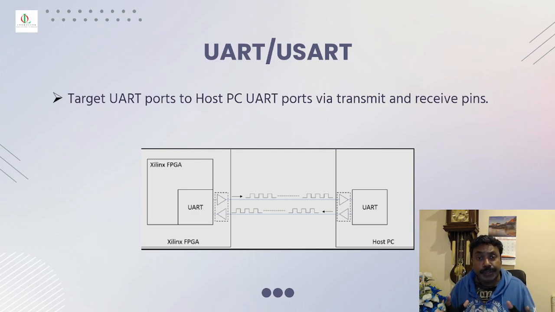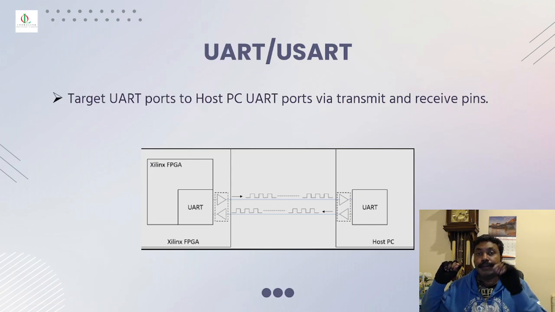In order to transfer the data, for example, in this example it's shown communicating from my FPGA board to a host PC, that's a computer. If you want to transfer data from the UART transmit pin, it has to be connected to the UART of the host PC on the receive pin. So you can't transmit to transmit.